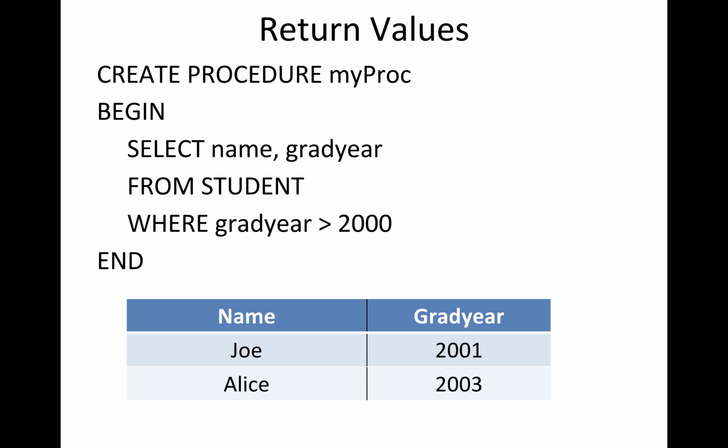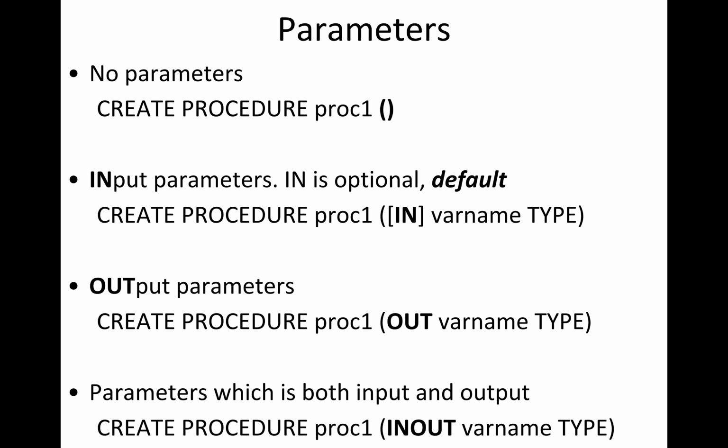Well, not this one. We're not passing any values, but we could certainly pass the 2000 as a value for a parameter, so that we can call the procedure and pass in an argument that can then be used in this where clause. So here is the return of that select statement.